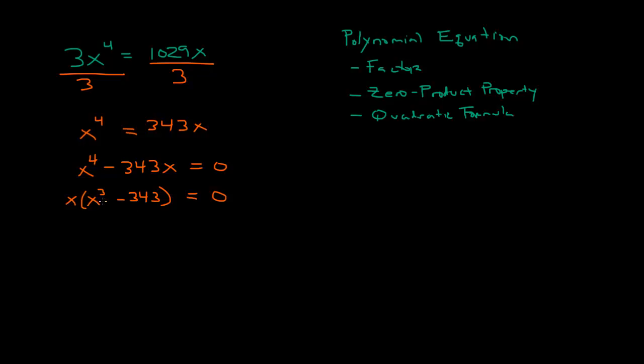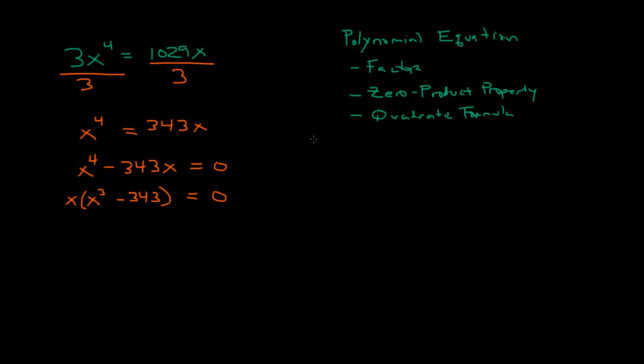Okay? We have a cubed term. Anytime you see a cubed term, you might be able to use the difference of two cubes in this case, or if it was a plus there, maybe the sum of two cubes. So remember, the difference of two cubes says this.